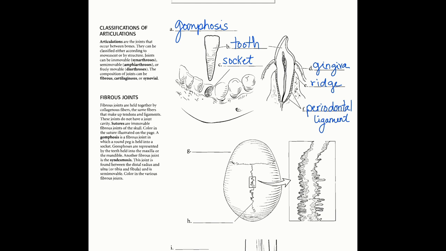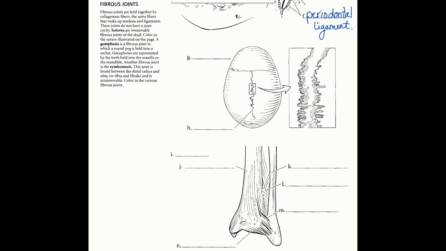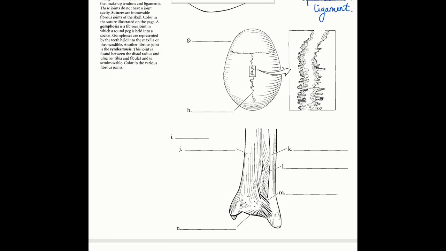Those are going to help keep our teeth in place. As long as you don't have any type of malformations or illness that's causing changes in your gums, this type of joint should not move, with the exception of when your baby teeth wiggle around because they're ready to come out.